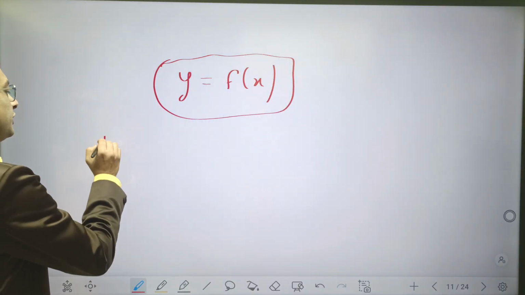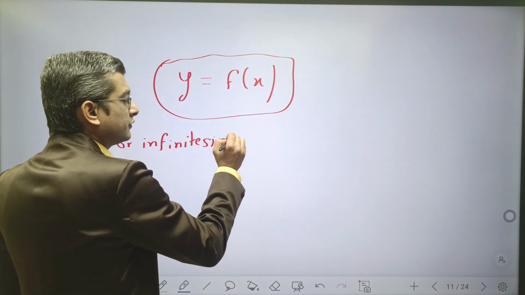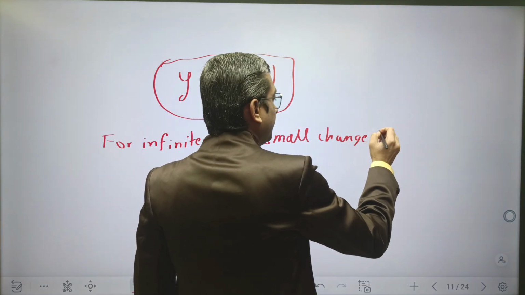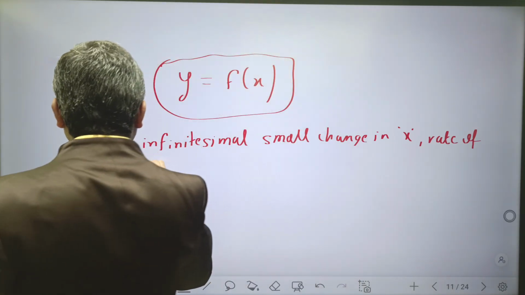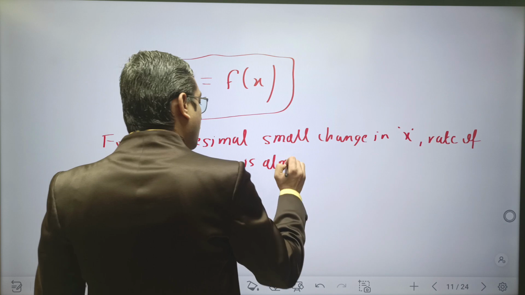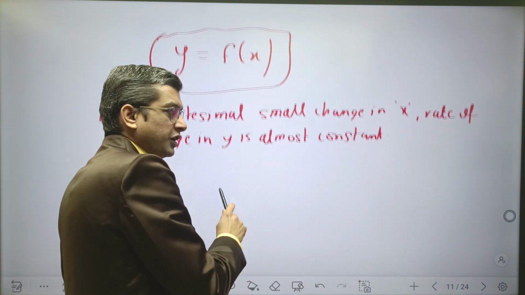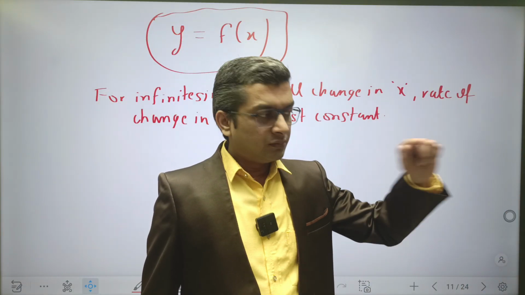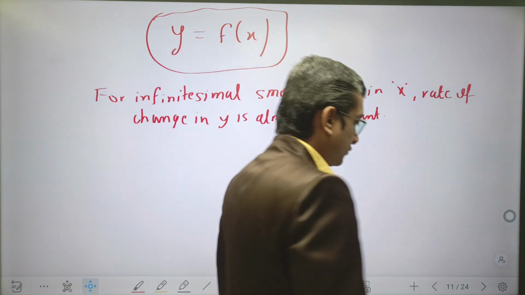But for infinitesimally small change in x, this is very important, the rate of change in y is almost constant. And for that infinitesimally small change in x, the instantaneous rate of change is equal to the average rate of change because the rate is constant. So this is the important conclusion we are getting.